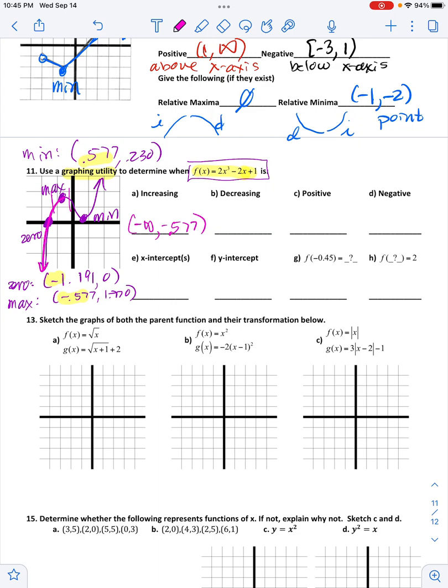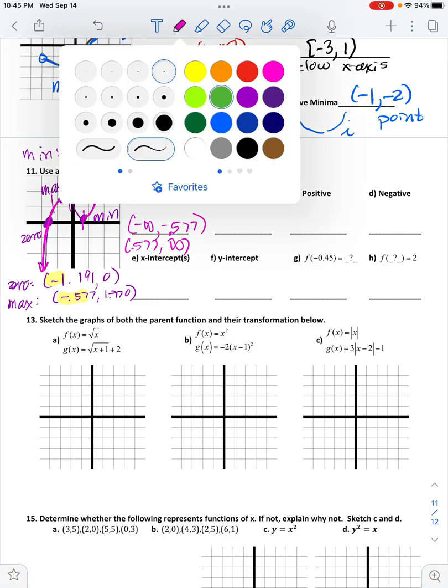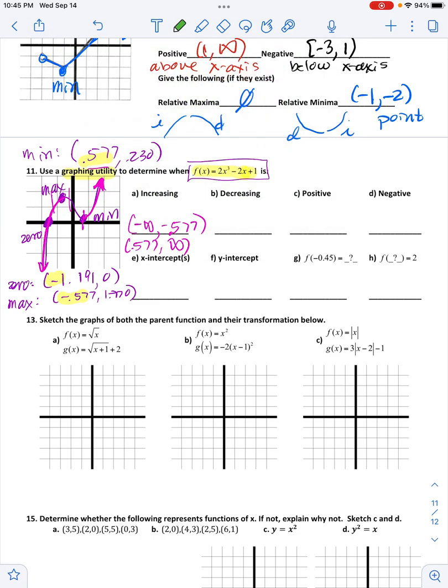So that is my first area of increase. It also increases from here on over. So this point is my minimum, which has an x value of 0.577. And then it goes up forever, which is infinity. And none of those are included because I'm doing increasing and decreasing, and those don't include the places where it changes from one to the other.